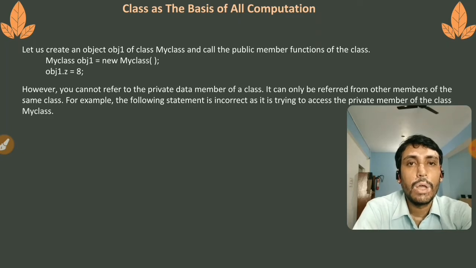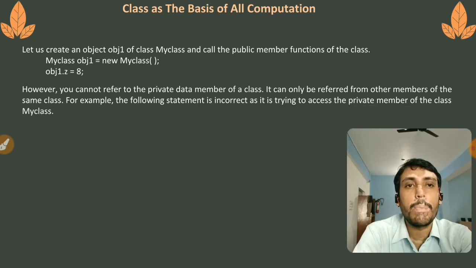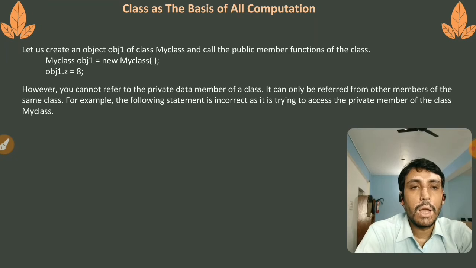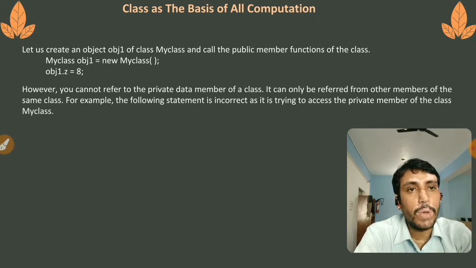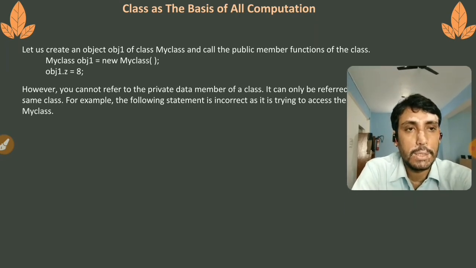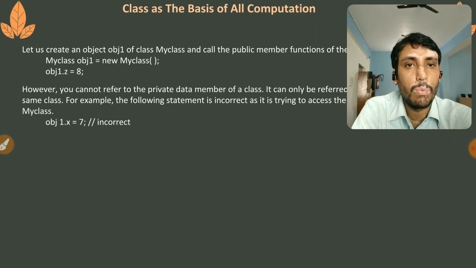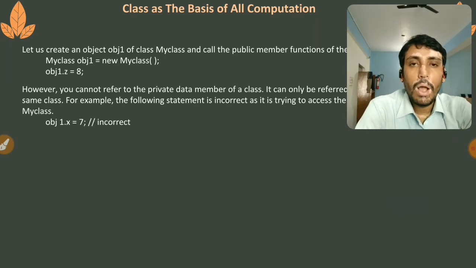However, you cannot refer to the private data member of a class. It can only be referred to from other members of the same class. For example, the following statement is incorrect as it is trying to access the private member of the class MyClass: obj1 dot x equals 7.